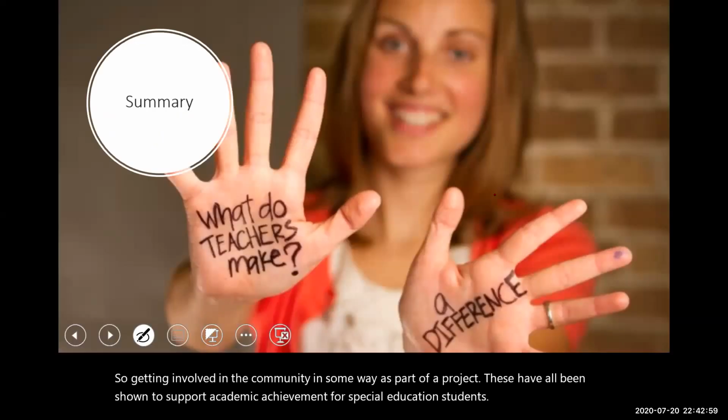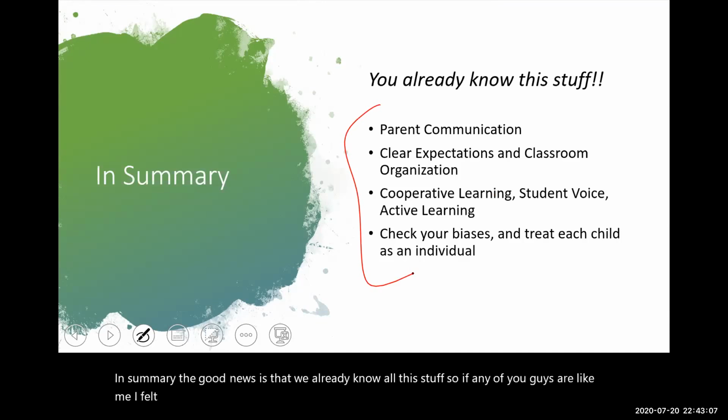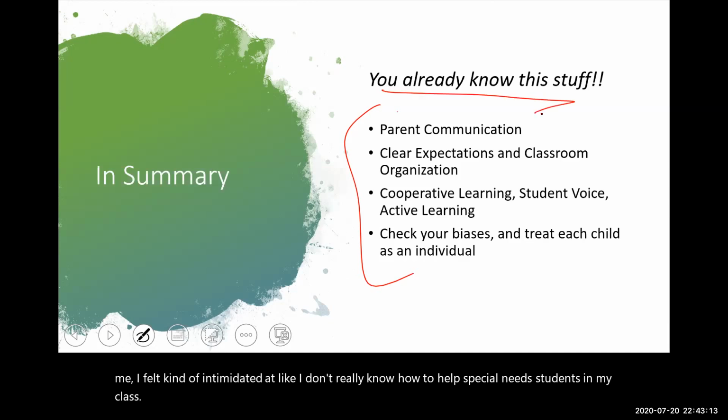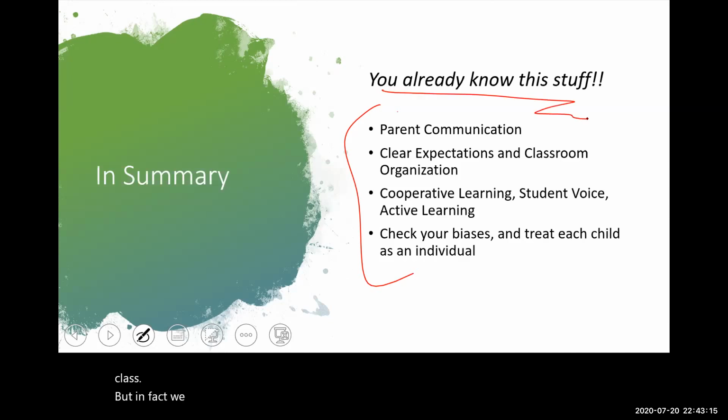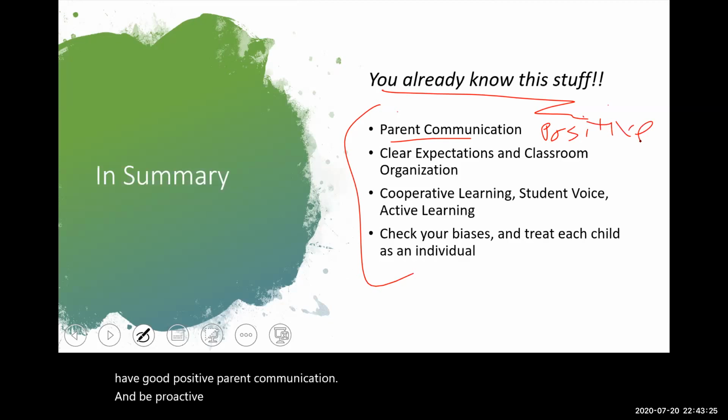So in summary, the good news is that we already know all this stuff. If any of you are like me, I felt kind of intimidated, like I don't really know how to help special needs students in my class. But in fact, we are already prepared. We know we need good, positive parent communication, and to be proactive and engaging in that communication.